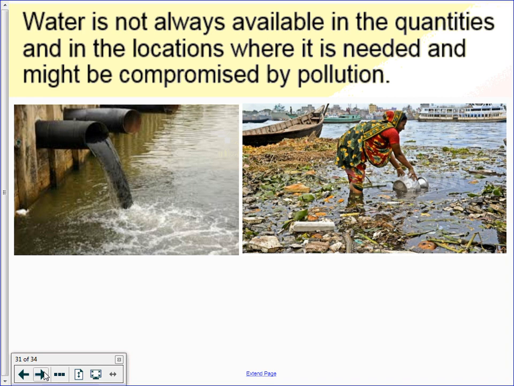And because of this, there are millions of people who do not have access to clean water. Teenagers are pretty good at asking themselves, well, why would someone drink water that is not clean? Well, when you have no choice, what are you going to do? When you're thirsty, what are you going to do?